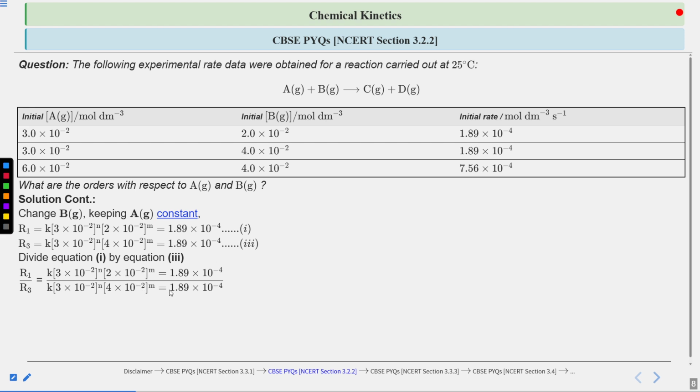So you can write it as (1 by 2) to the power m is equal to 1. From here, 1 to the power m is equal to 2 to the power m.